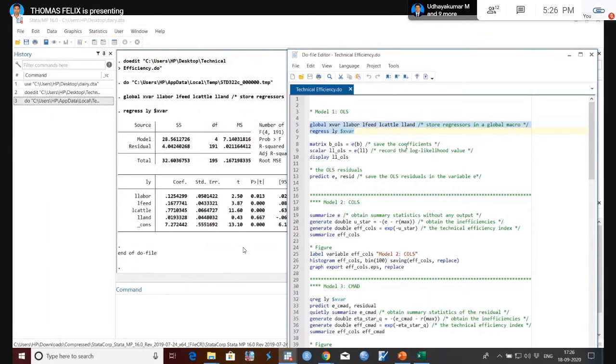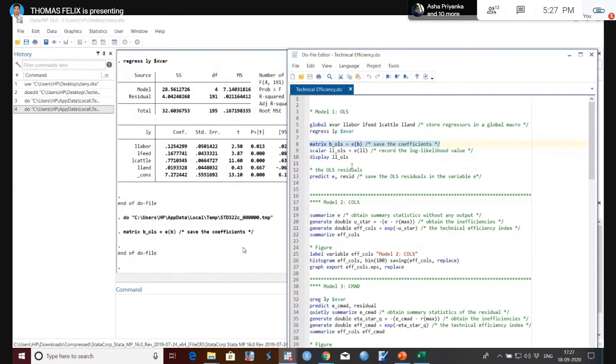For saving the coefficient values, I can name the matrix BOLS, where B is the beta coefficient, so the coefficient values of OLS. After that, for scalar variables, I am taking the log likelihood values.